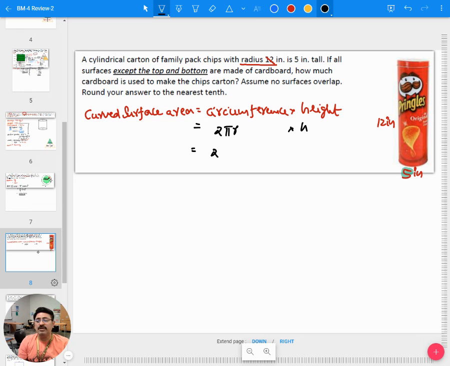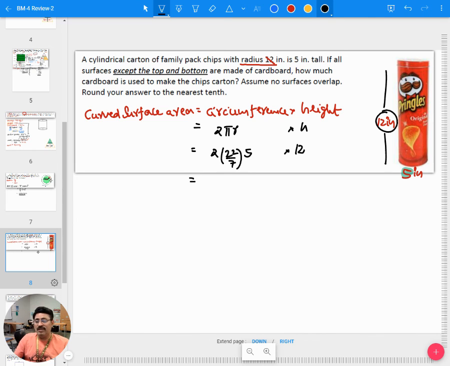So 2 times pi, which is 22 over 7. And what is the radius? It is 5 inches, times height. You see that it is 12, therefore times 12. Let me make use of my calculator. It is 2 times 22 over 7 multiplied by 5 times height 12.